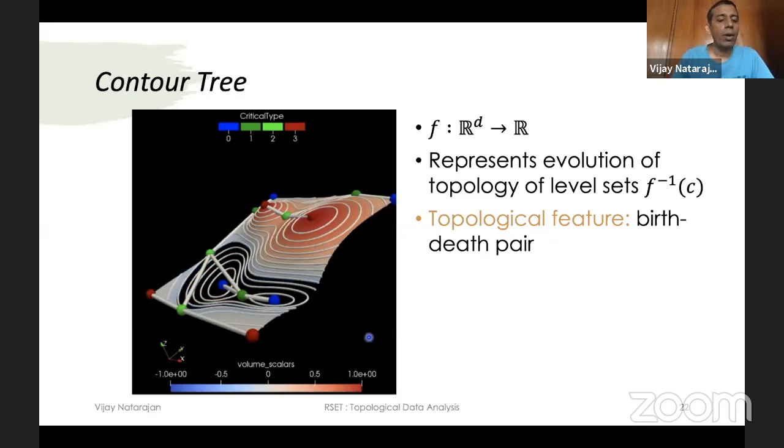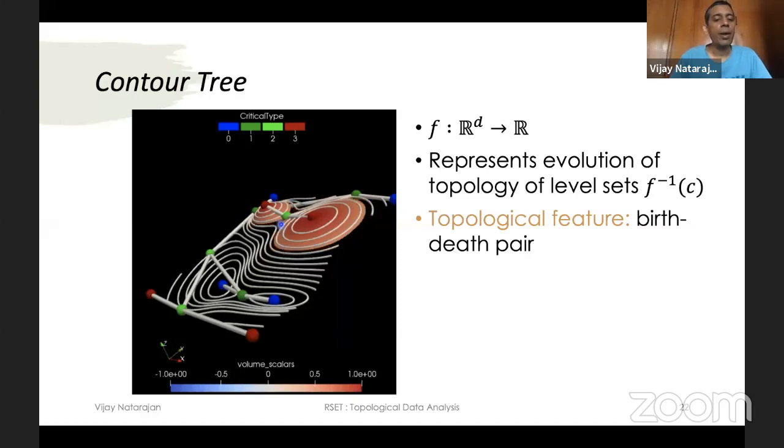So think about, again, in this evolution, think about this component, right? So this component was born at some point of time. In this case, it was actually born at this point, right? When at the minimum.